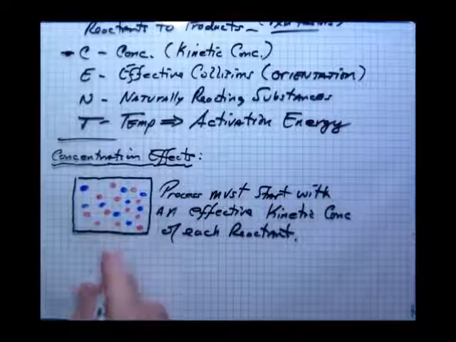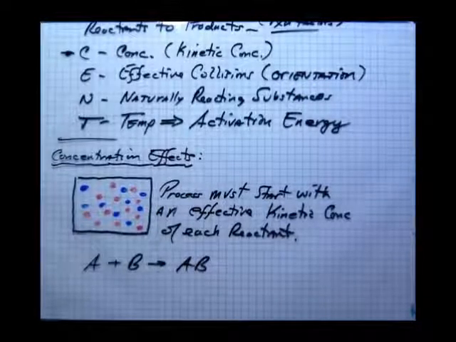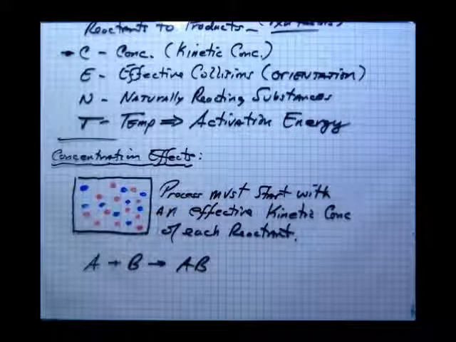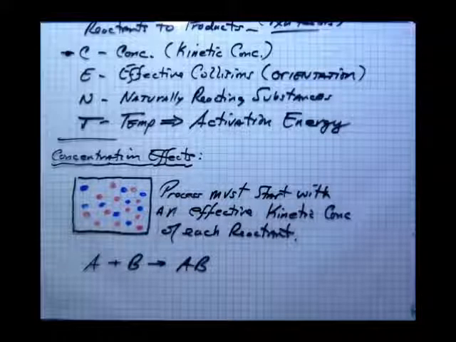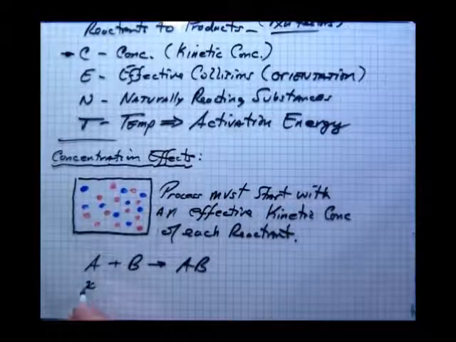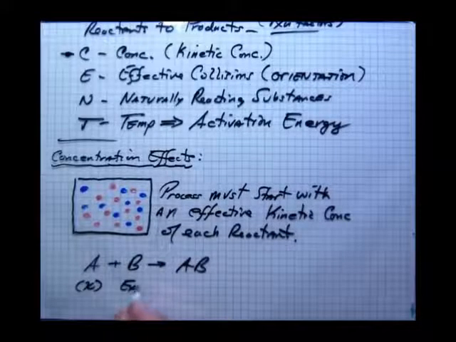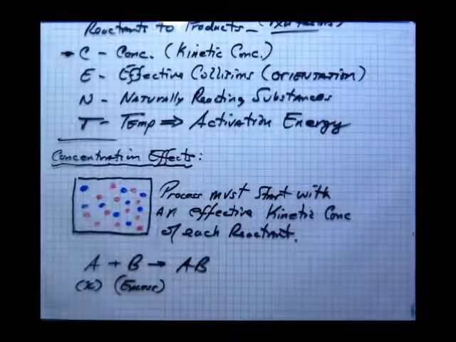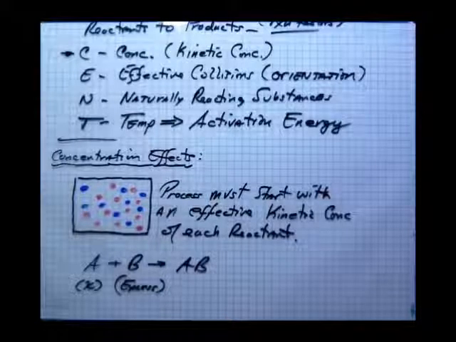For example, if I have A plus B going to AB, and I want to be real sure that everything reacts so that I can get a stoichiometric amount of AB, one of these, A or B, is going to be put into a chamber in excess of whatever the other one is. So you might start out with a specified amount of A, but you'll have a large excess of B, which kinetically says everybody's going to find one another and proceed to react.